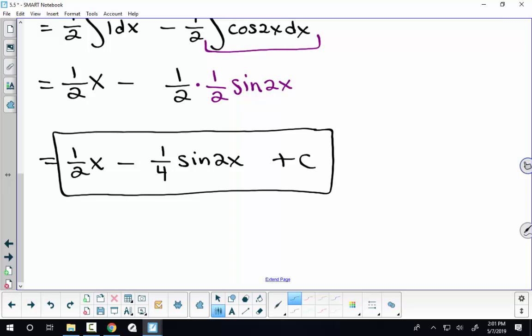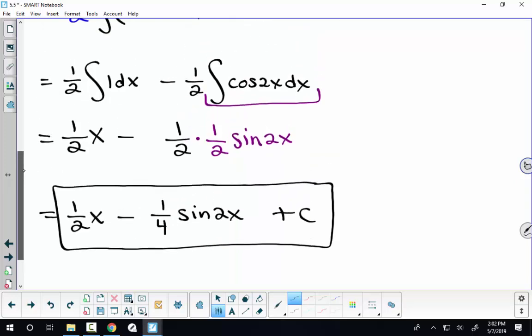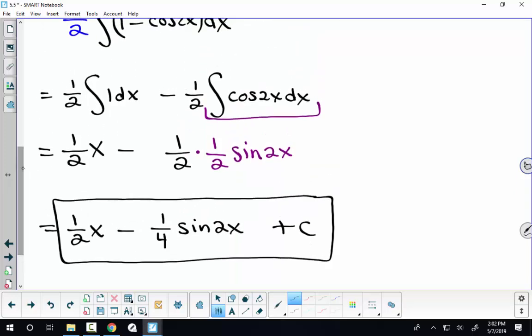And cosine squared is similar. Like I said, I think it's easier just to remember that it's 1 over a, sine of ax as the antiderivative.